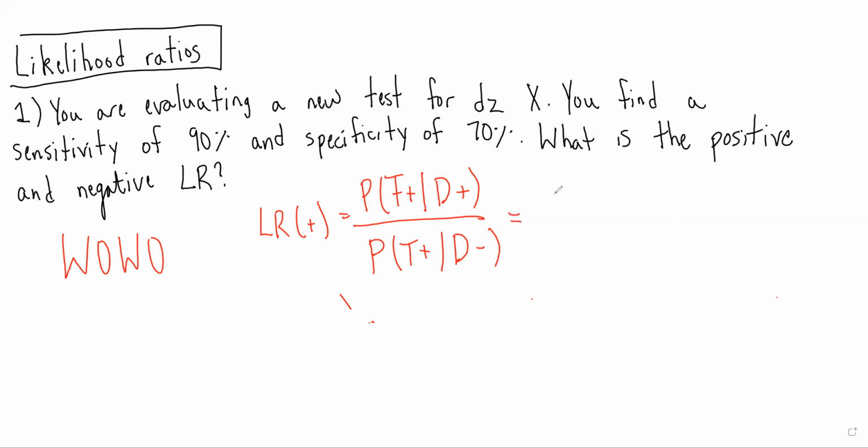And then remember the numerator corresponds to sensitivity and the denominator corresponds to 1 minus specificity. Therefore, we would have 0.9 over 1 minus 0.7 equals 3.